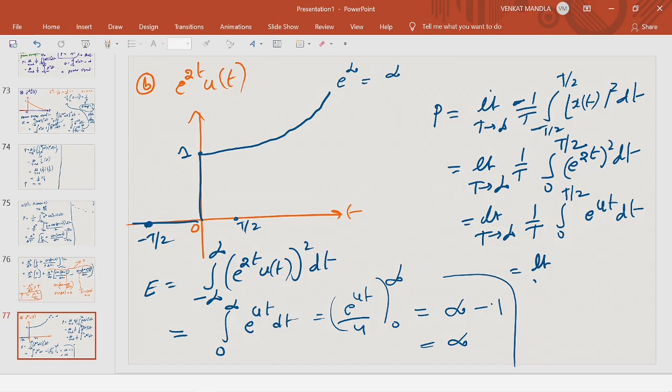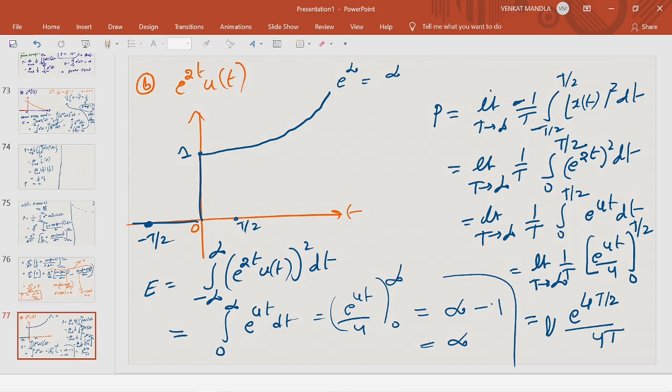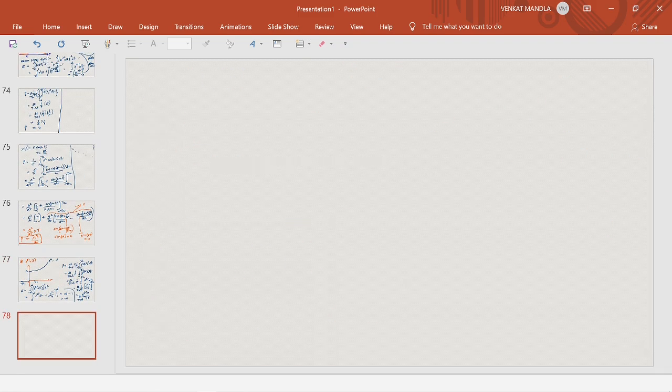This equals limit T tends to infinity, 1 by T, e power 4t by 4 from 0 to T by 2, that equals e power 4 T by 2, divided by 4T, limit T tends to infinity.